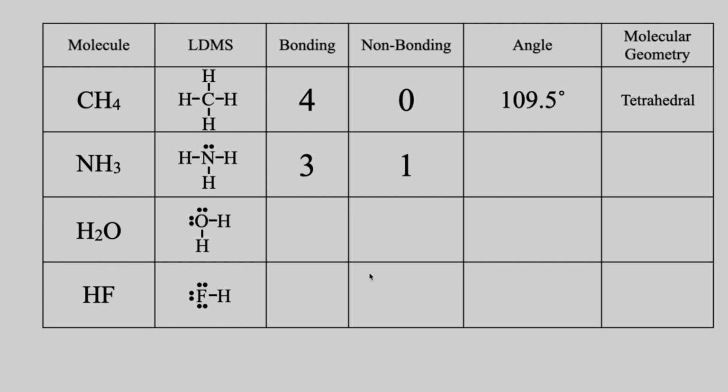Smaller than what? Where did it start? 109.5, and then the unbonded domain makes this angle smaller. Guys, the angle is less than 109.5. You don't need to know this, but the angle is actually 107. You just need to know less than 109.5.